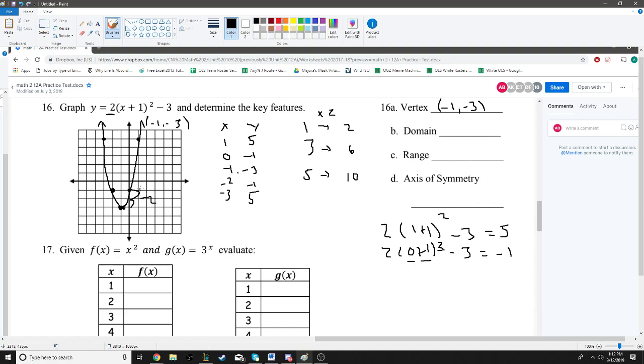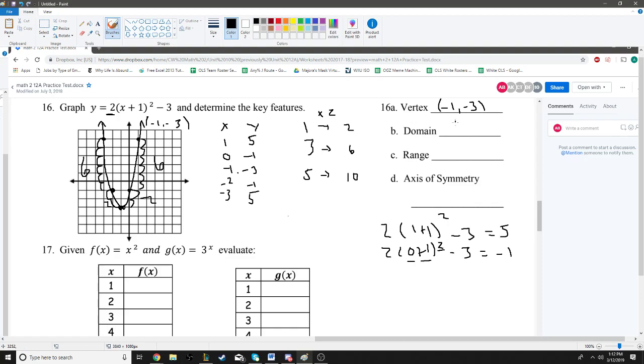Then right 1, up 6. And you just do the same thing on the other side. And that gives you the other points of your parabola. So you can do either way to graph your parabola, it doesn't matter to me.